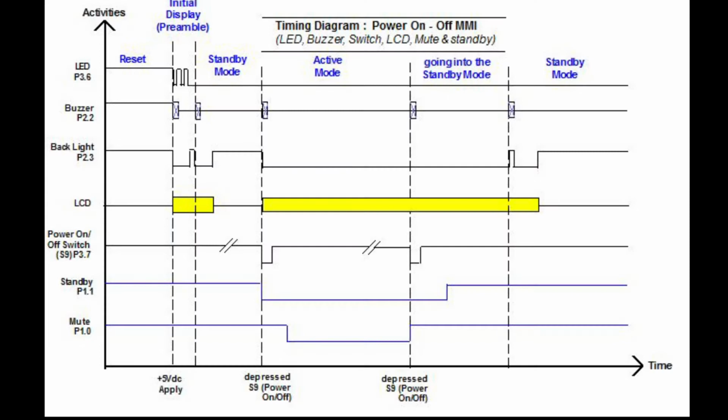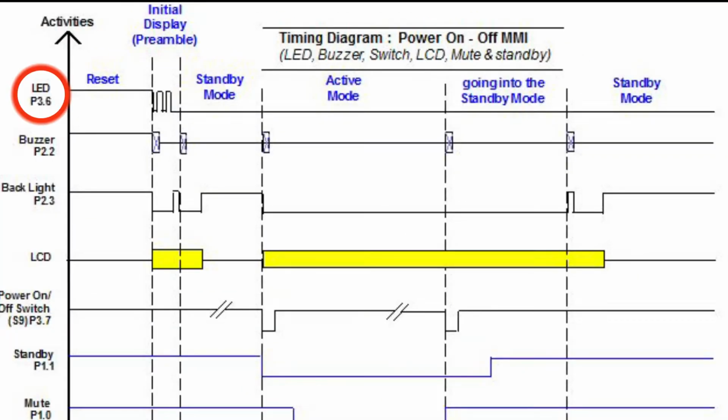Let's see the timing diagram, and the first hardware is the LED with its logic level characteristic. We have logic 1 initially after the reset by the micro, which means that the LED is turned off. Then we have a series of logic 1 and 0, which indicates that the LED is blinking.